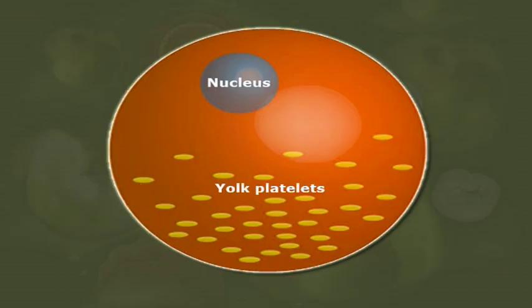In the ovarian follicle, the oocyte becomes further enlarged by deposition of yolk and some pigments in its cytoplasm. The yolk is in the form of microscopic plates called yolk platelets. The proteins of the yolk are synthesized in the liver of the frog and brought to the ovary by blood.